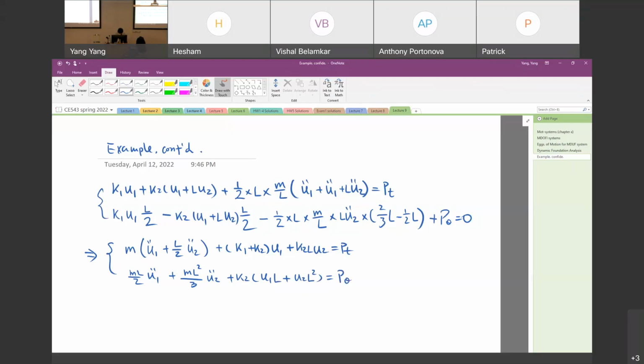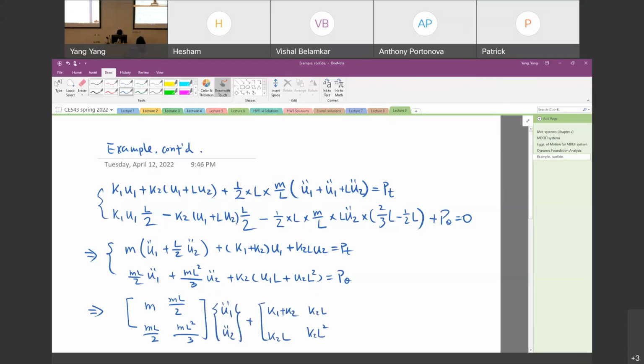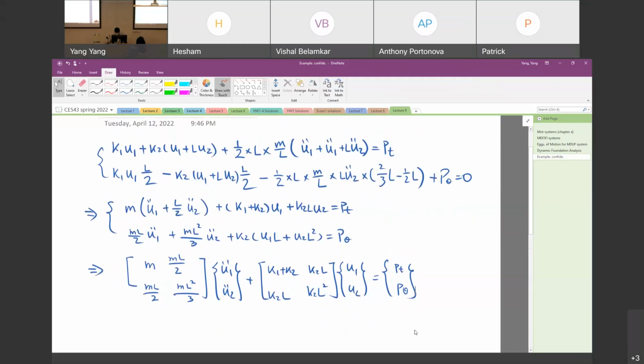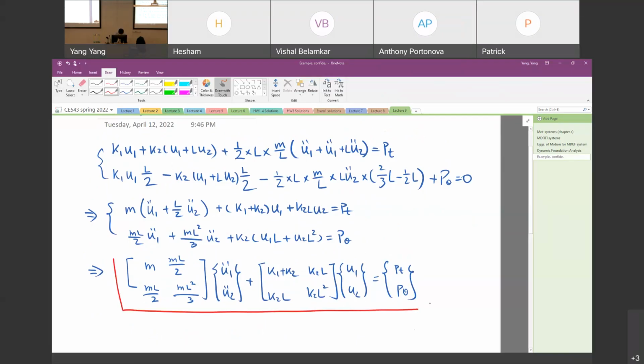And now we write this in matrix form. This is the equation of motion in matrix form.